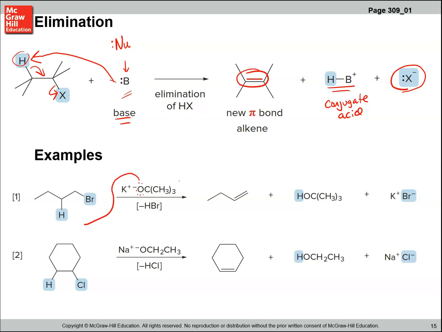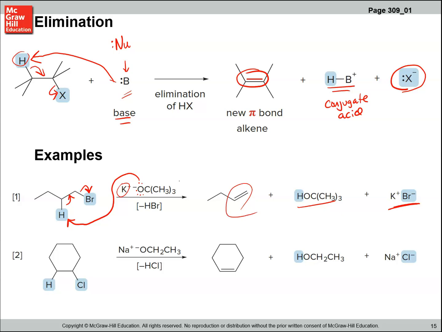The proton creates that double bond, and the leaving group leaves with the electrons from that bond. So now we have the conjugate acid, our leaving group with our metal ion, and the double bond product as well.